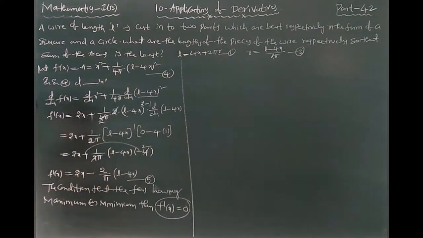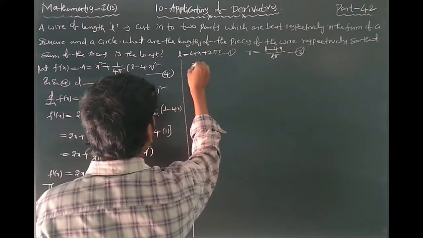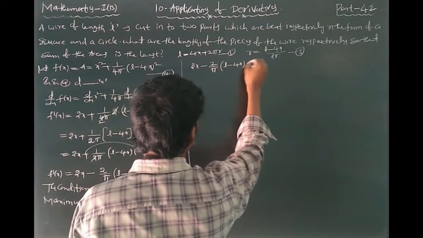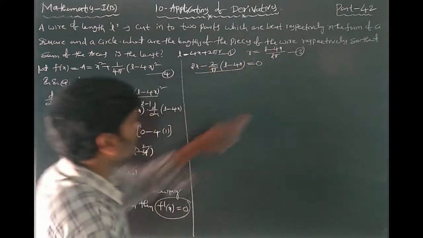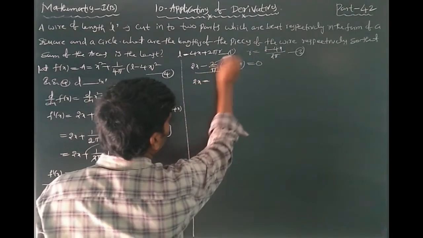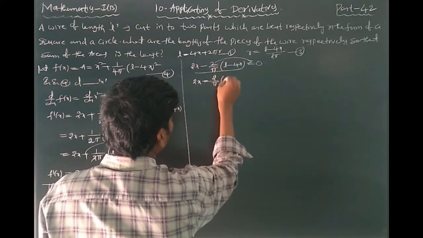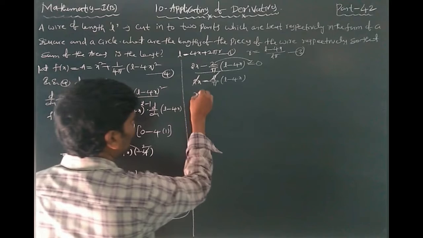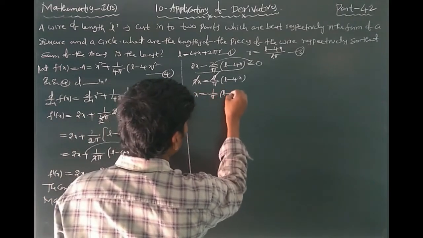Then what is the value of f dash x? f dash x value is 2x minus 2 by pi into (L minus 4x). This is f dash x equal to 0. Then you can write 2x equal to, this value goes to here, 2 by pi into (L minus 4x). Here 2 gets cancelled. Next, x is equal to 1 by pi into (L minus 4x).